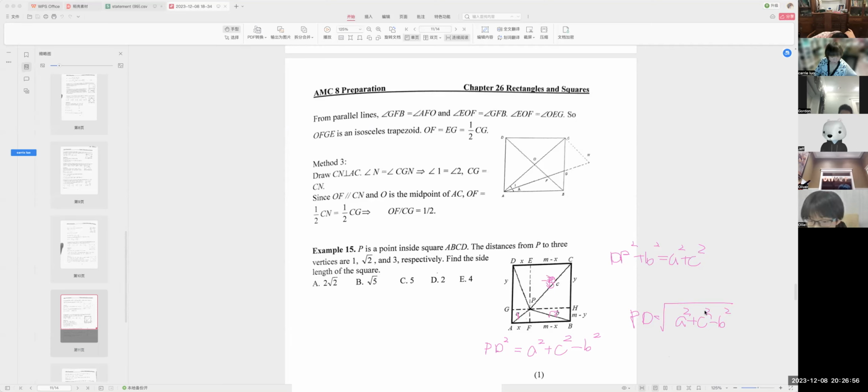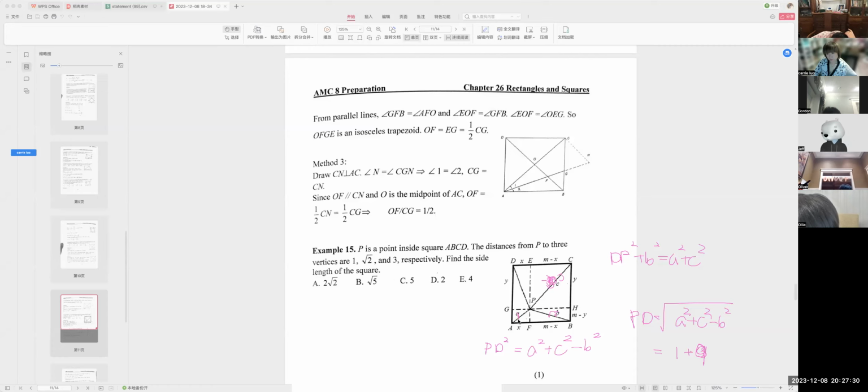So that's why they are equal to 1 plus 2, plus 9. No, we cannot do that. Find the side length of the square. The distance from P to the 3 vertices is, but it cannot be 3. This is 3. I think this is square root 2.